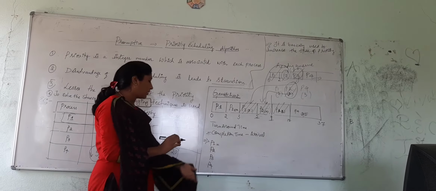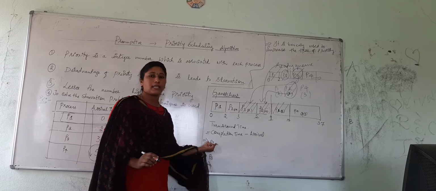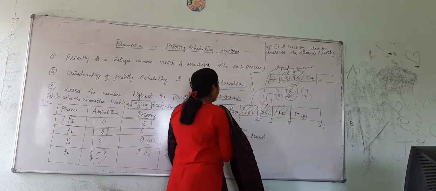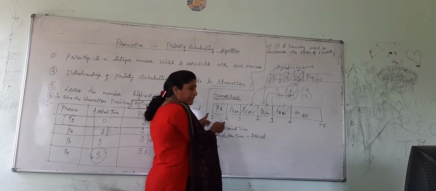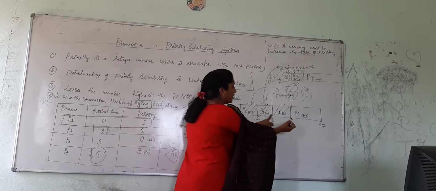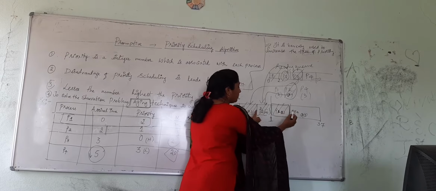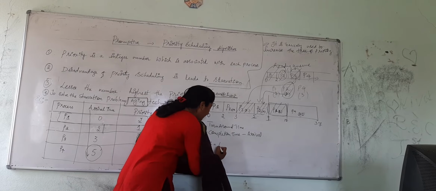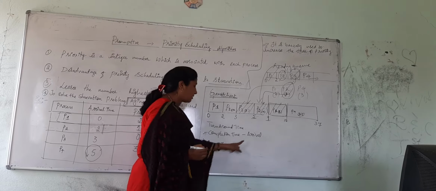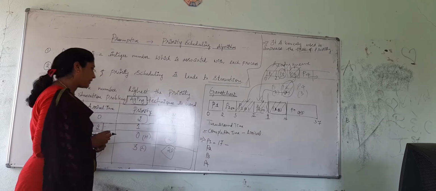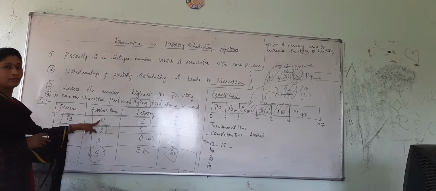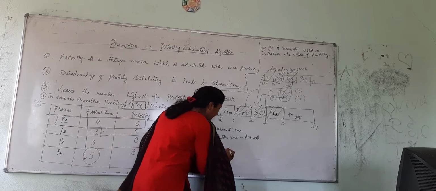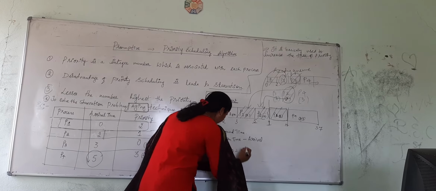What is the completion time of P1? It is 17. P1 appears earlier, but we have not completed the task there. P1 has completed fully here. What is the turnaround time? Completion time is 17 minus arrival time. The arrival time of P1 is 0. 17 minus 0 is 17.